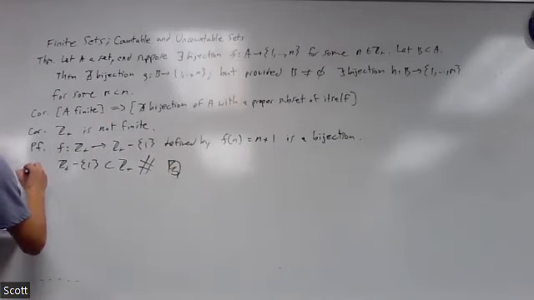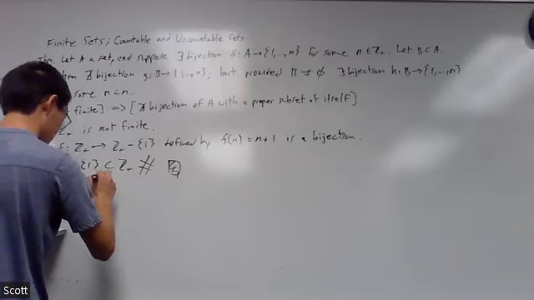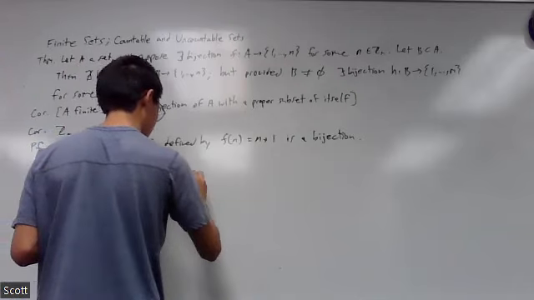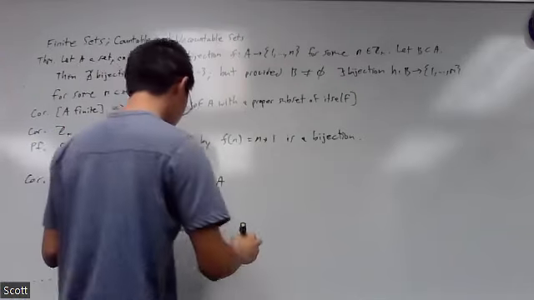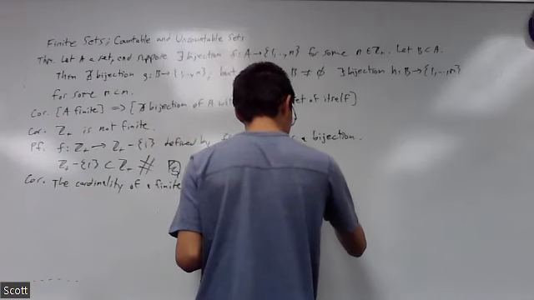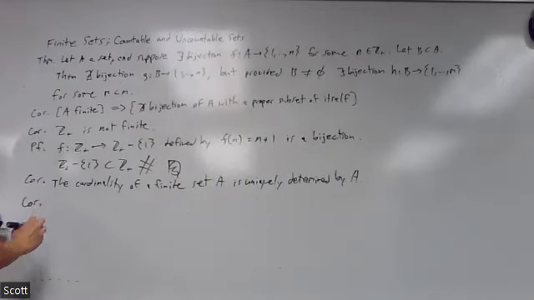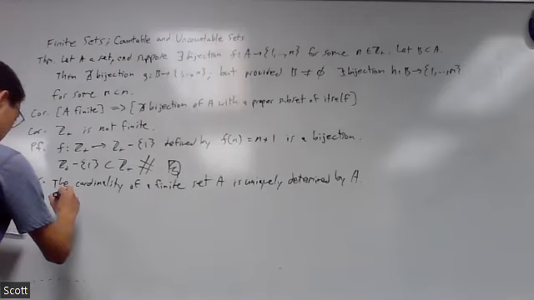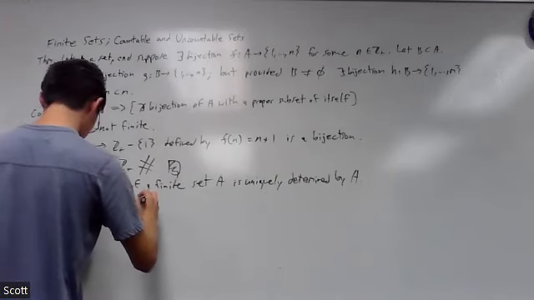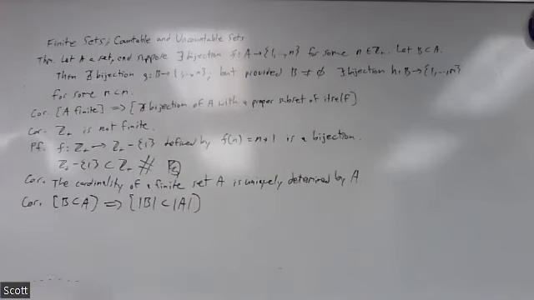And then another corollary is that the cardinality of a finite set A is uniquely determined by A. And then if we have B some subset of A, then intuitively the cardinality of the subset is going to be less than or equal to the cardinality of the set.